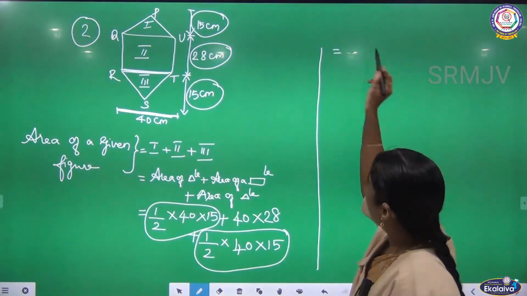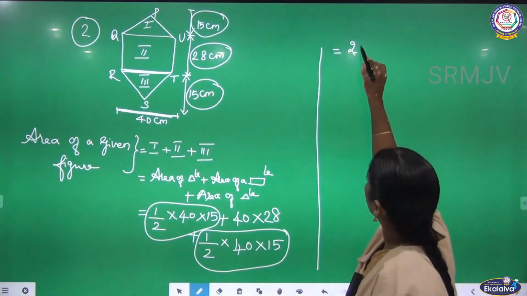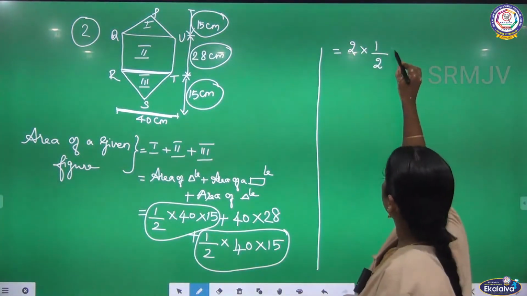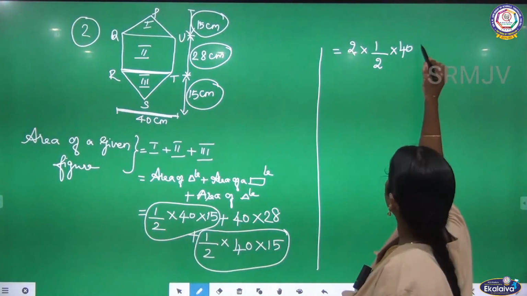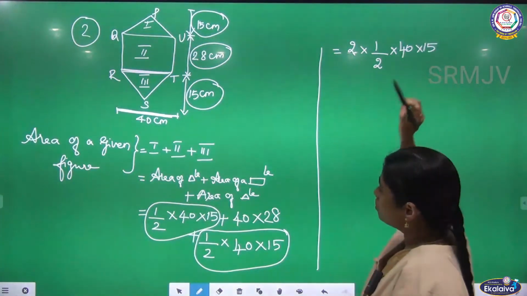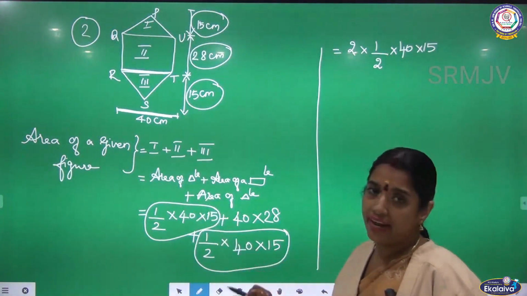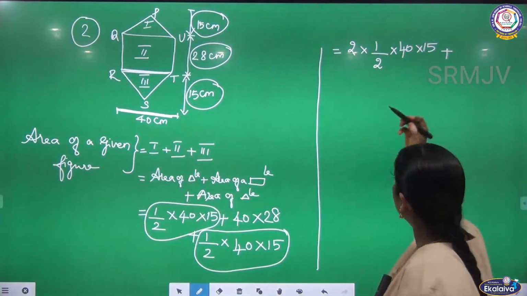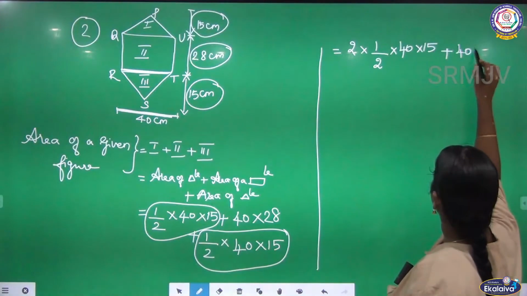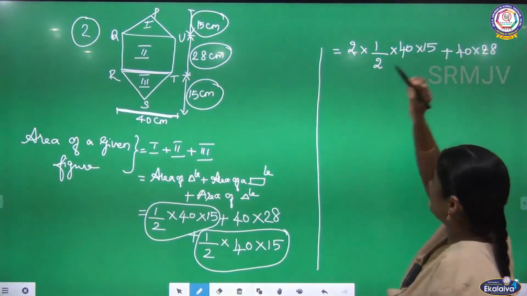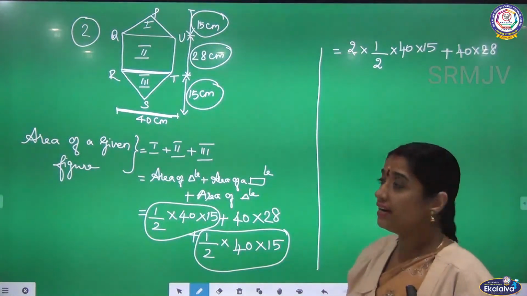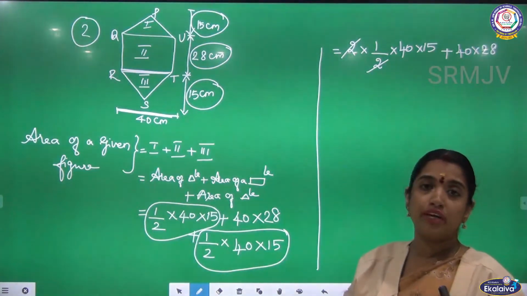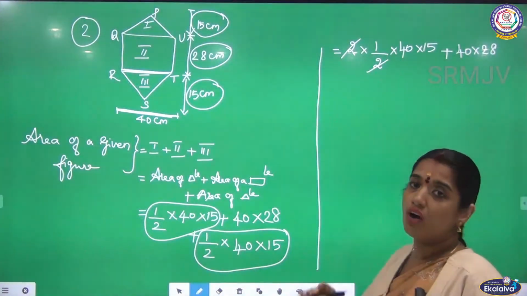So I can write 2 into 1 by 2 into 40 into 15, plus the length into breadth, 40 into 28. Got it, children? Now I can cancel this 2 and this 2 because it is in the numerator and denominator.